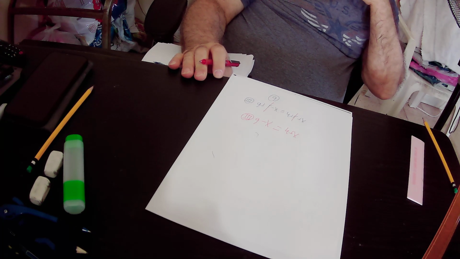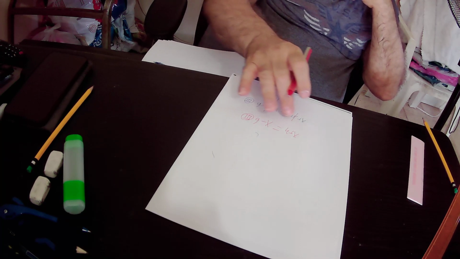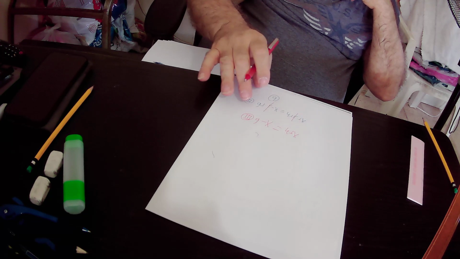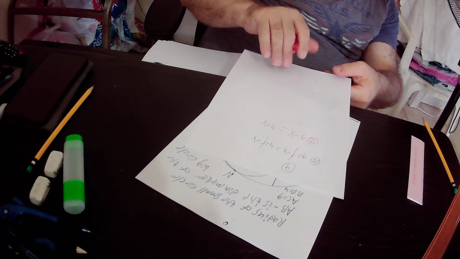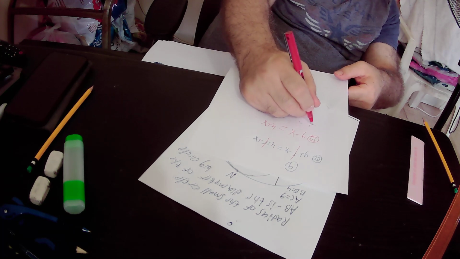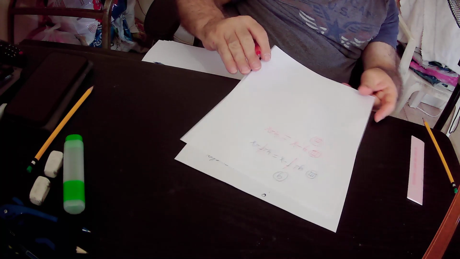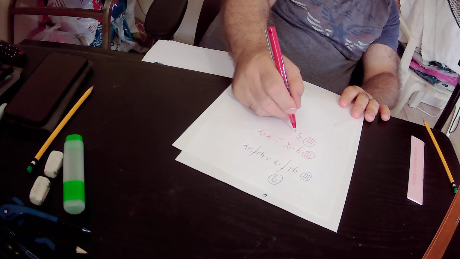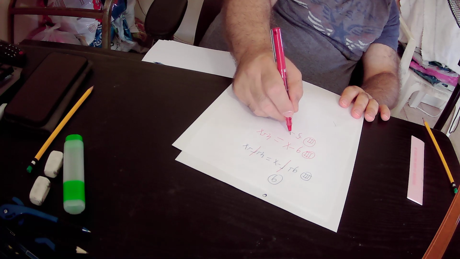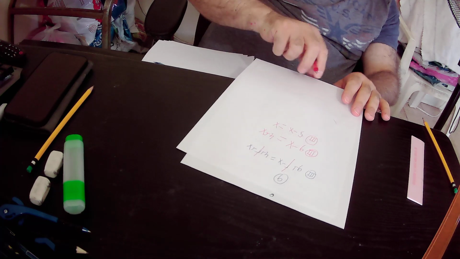Here we will subtract 4 from this equation and we will get 5 minus x equals x.